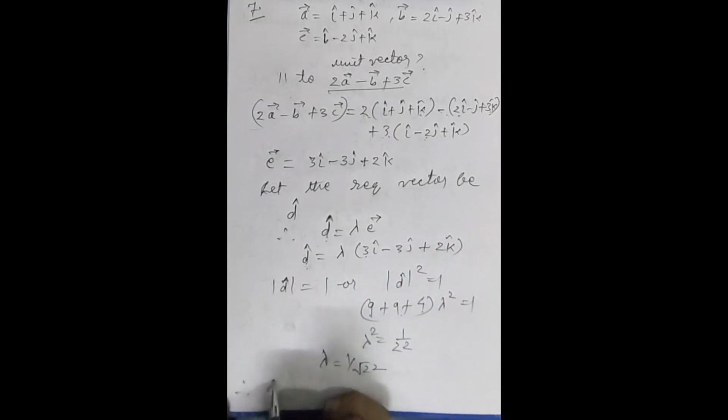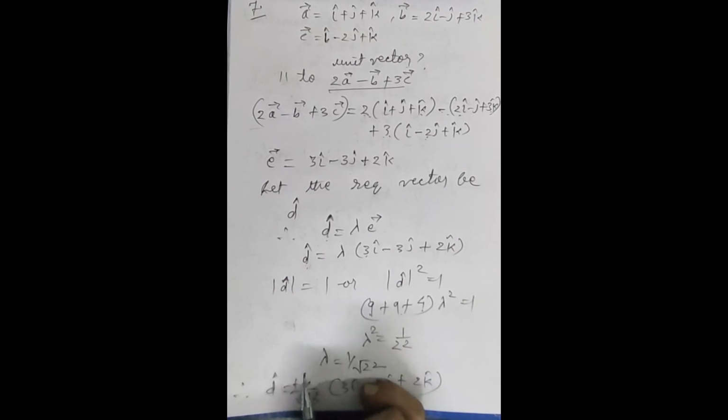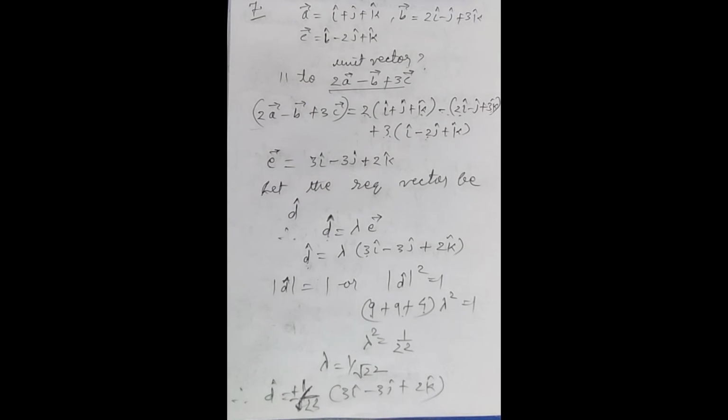Therefore, the required vector d cap is 1 by root 22 times 3i minus 3j plus 2k. As we are not told anything about the direction, plus or minus also can be taken in this condition, like in the previous case. So this must be the final vector required.